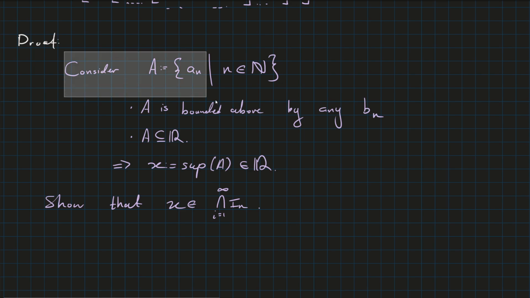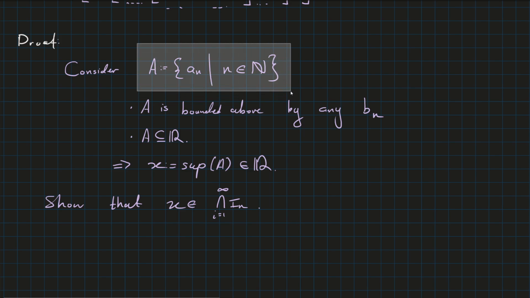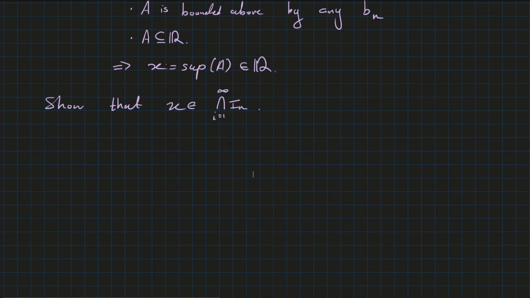So we used completeness here to show that the supremum of this set of lower bounds of all those intervals is a real number. So we want to show that x is in this particular infinite intersection. Well, what does that mean? That means that for all n in N, x is greater than or equal to An and less than or equal to Bn.